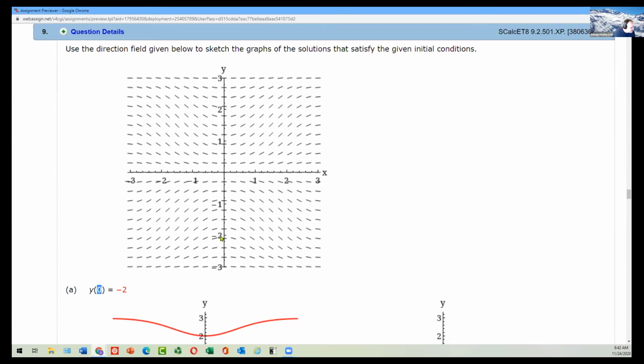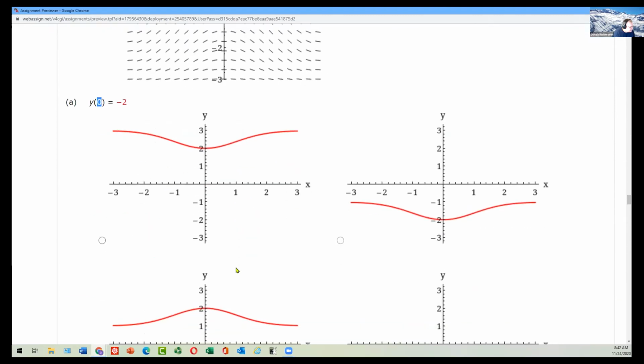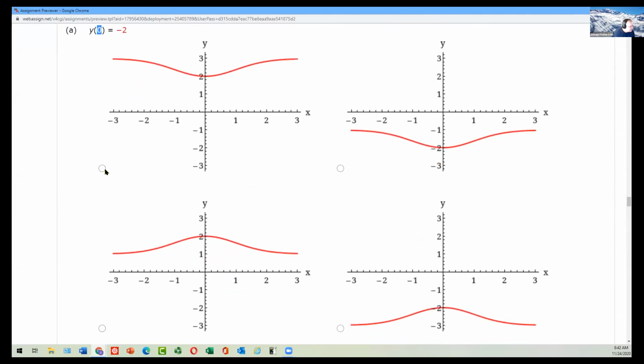So they've just told me it's there. Now, if you imagine there, can you imagine leaving on this side, it would go like that? And then if you left it on this side, you see it's going like that. So the answer I'm looking for is a hill that peaks at (0, 2). And that makes it this one.